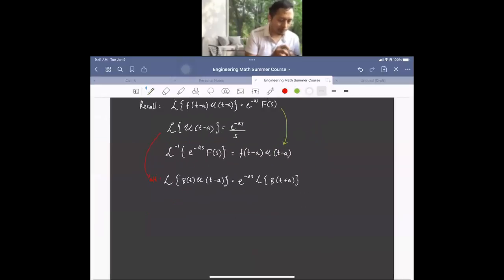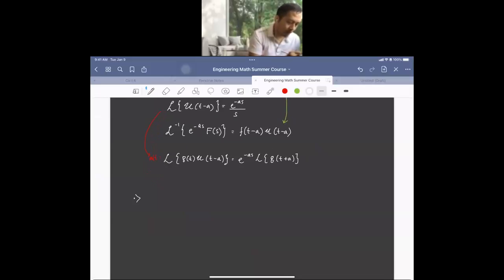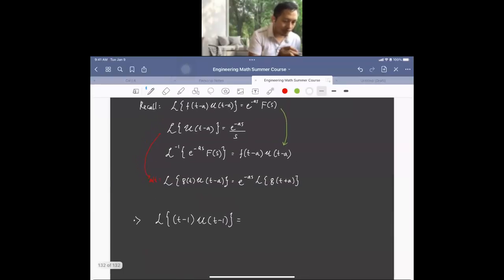Okay, so from this Laplace and Heaviside, if we have a question, let's start with this: t minus 1 times Heaviside t minus 1. We can directly go through the first steps.